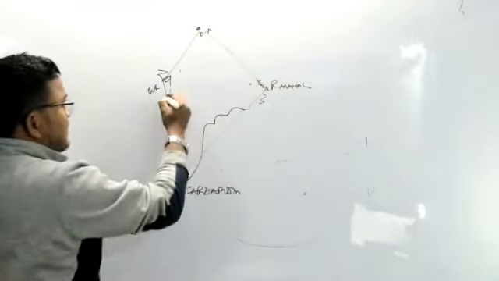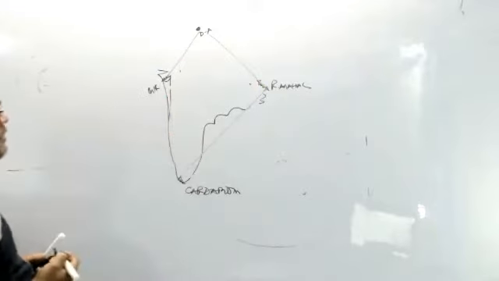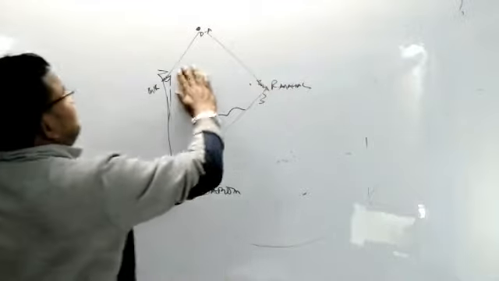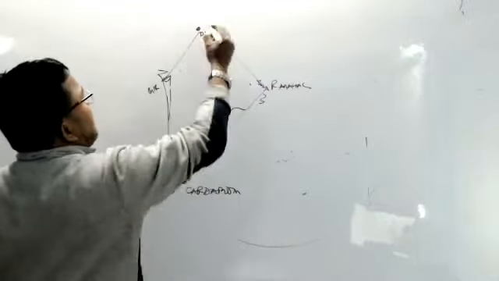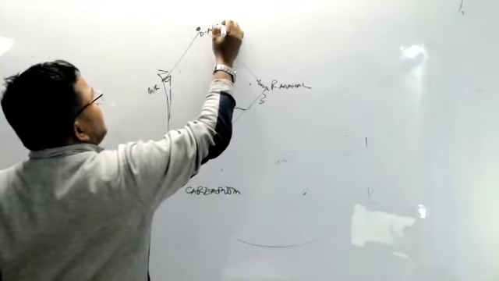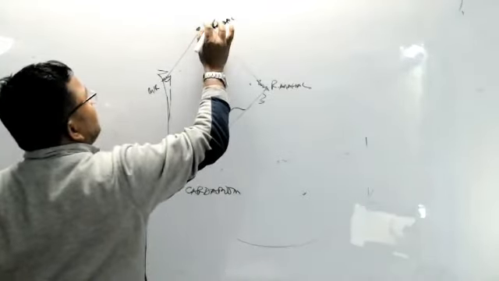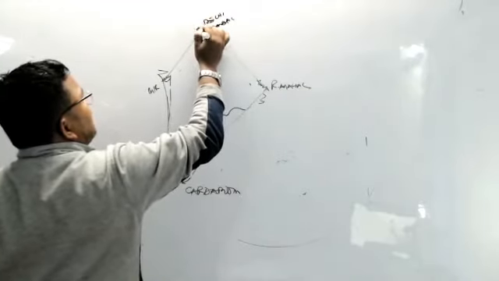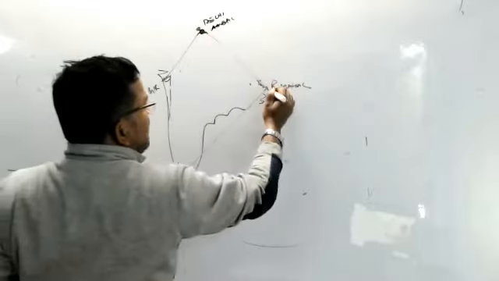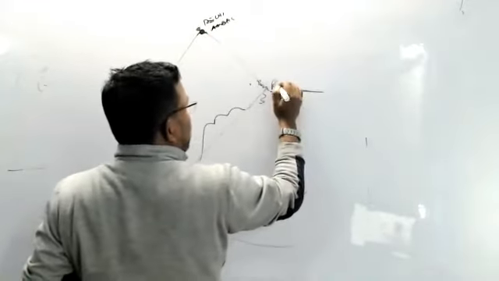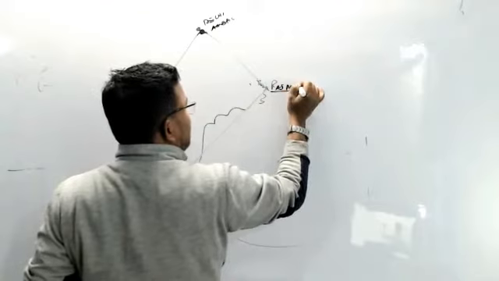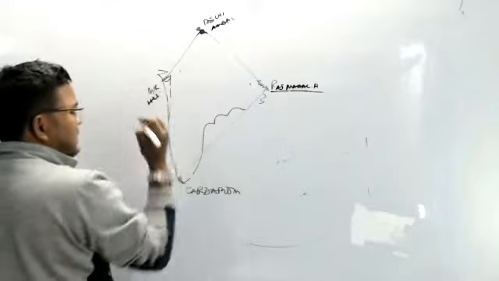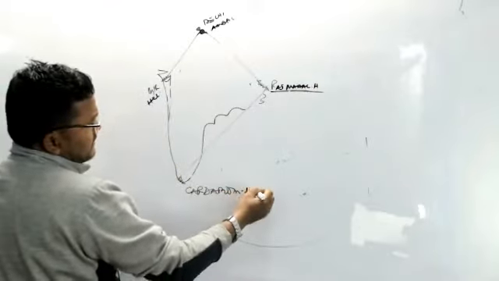It will start somewhere from Nilgiri, and this is Raz Mahal Hills, R-A-Z M-A-H-A-L, and this one is Gir Hill, and this one is Cardamom Hill, like this.